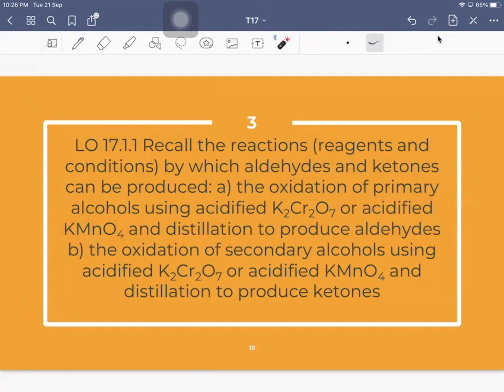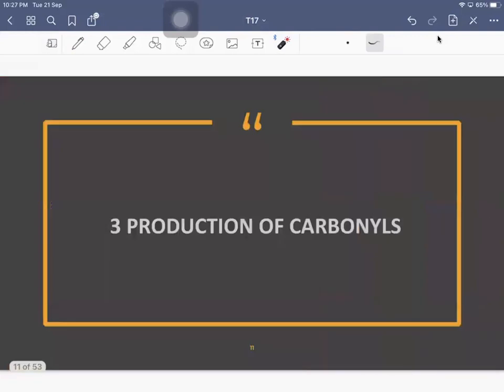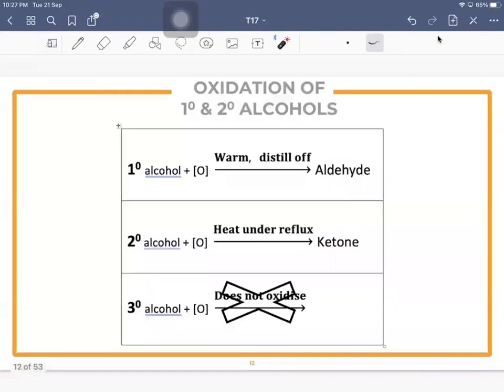Whereas for the oxidation of secondary alcohol, you can use the same oxidizing agent as well. So alcohols can be oxidized into a carbonyl compound, but only specific alcohol. Primary alcohol will be oxidized into an aldehyde. However, you have to control your reaction.